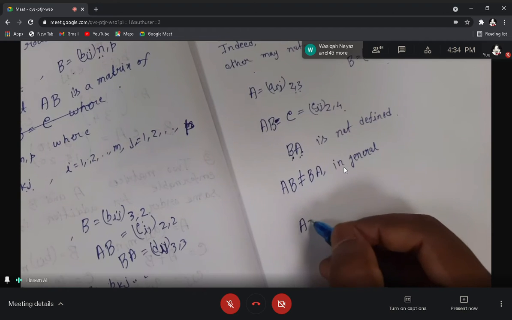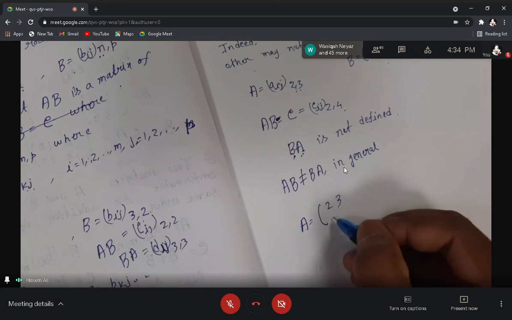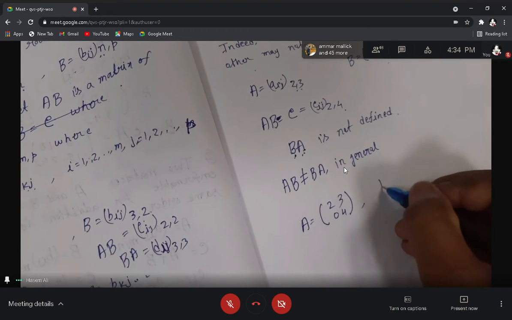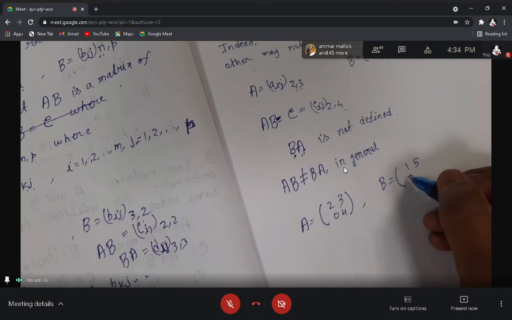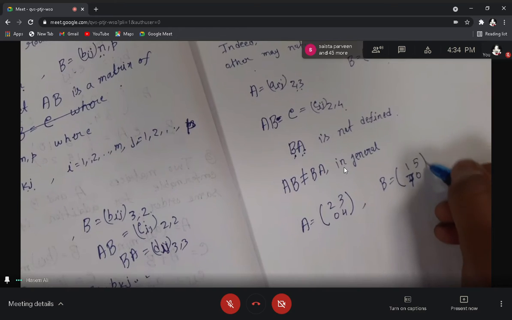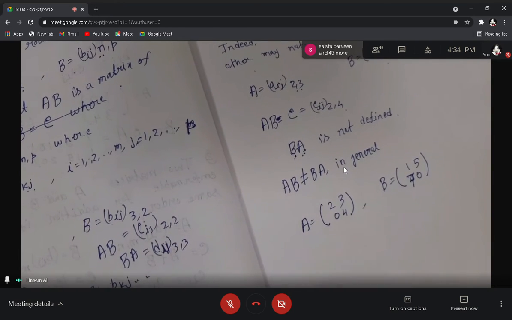Let A equal to 2304 and B equal to 15770. Okay, this is an example.